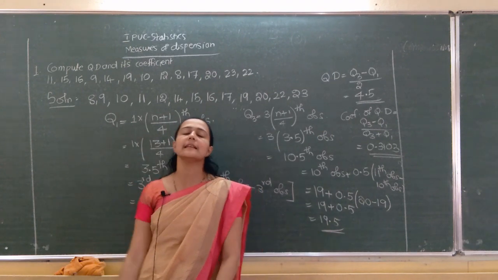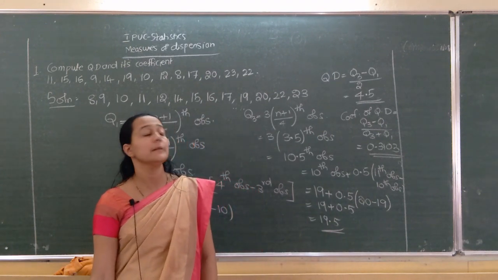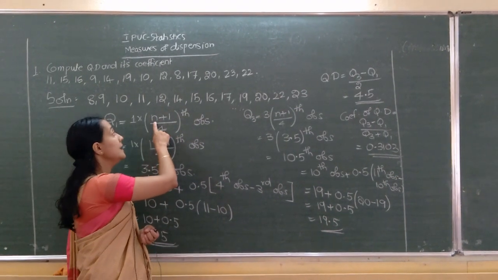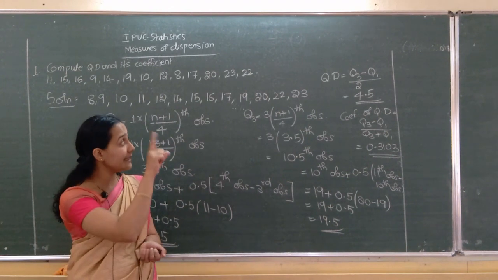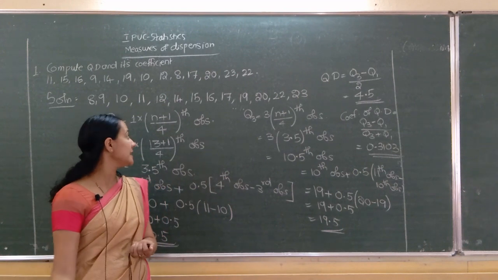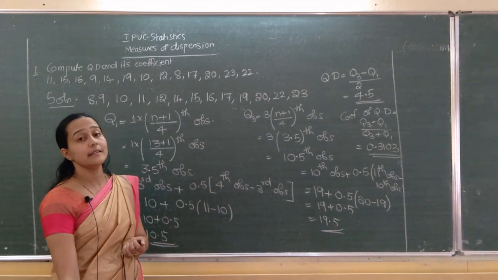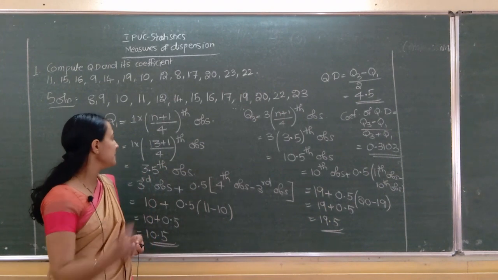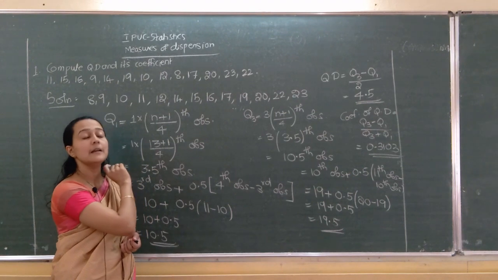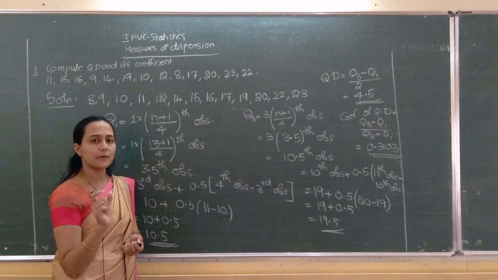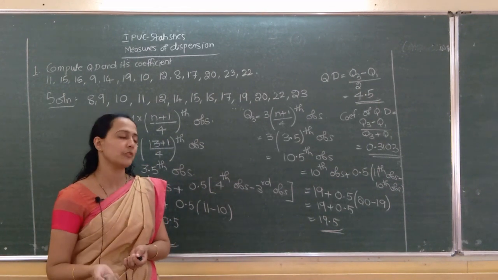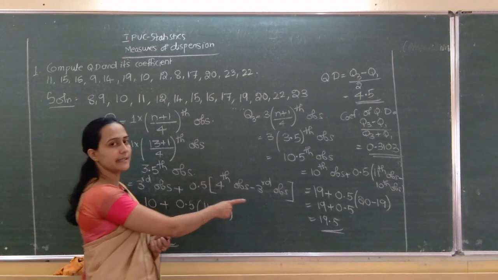Q1 is 1 into (n plus 1) divided by 4, where n is the number of observations. Then substitute the values. 3.5th observation means third observation plus 0.5 into 3.5 is a number in between 3 and 4, so, fourth observation minus third observation.